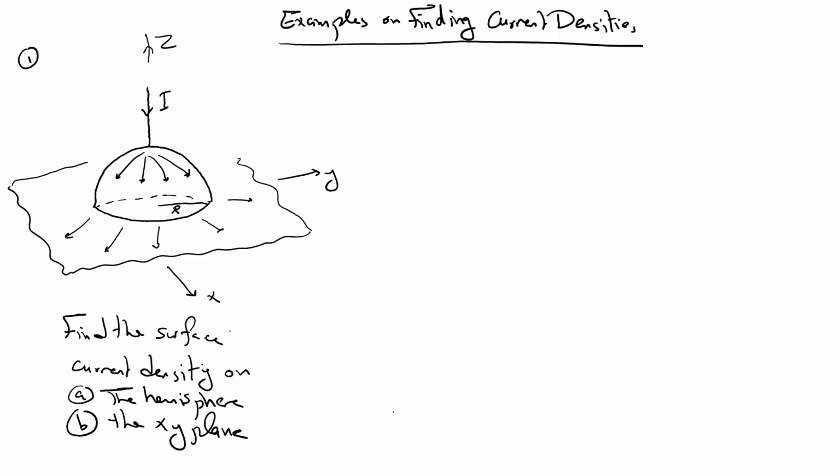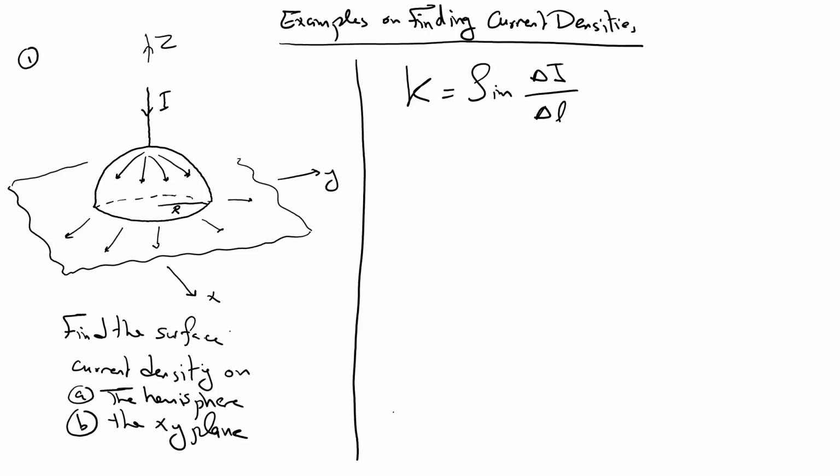All right, so let's look at our first example for which we want to find the current density. So let's start with the definition. This is the limit of delta I divided by delta L perpendicular, as delta L perpendicular tends to 0. And it's always good to keep in mind what these quantities mean geometrically.